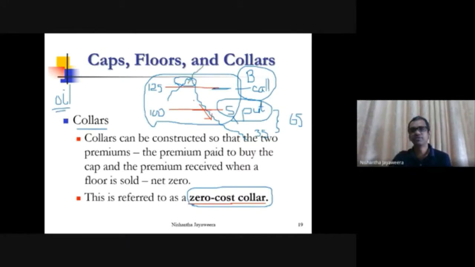So if you want to hedge using options, basically you buy call options. Why do you buy call options? If price goes above this, you can buy at this strike price.